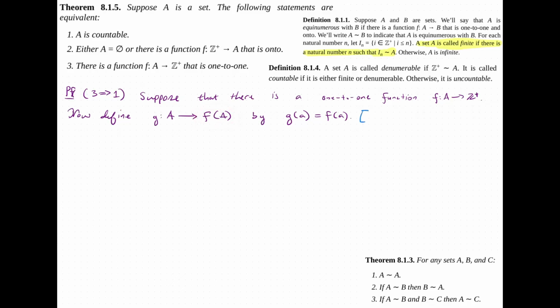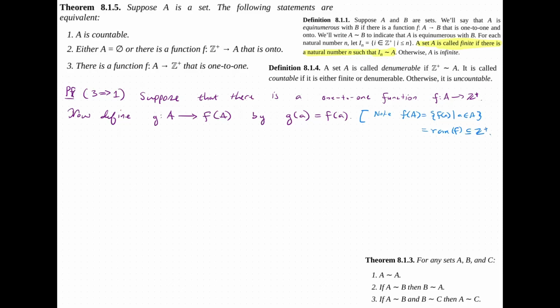So note, as a reminder, the image of A is the set of f of a for a in A. In other words, the range of f, which is going to be a subset of the positive integers.